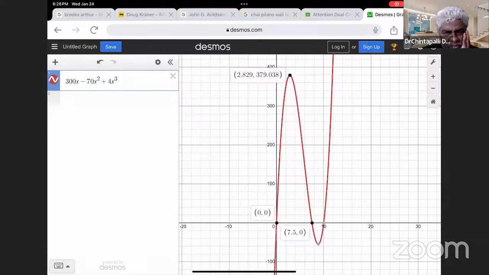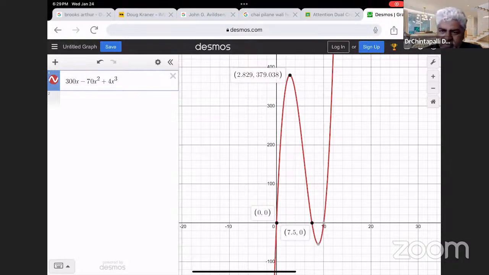See, 0 is there on the x-axis. The highest value, there is a bracket, 2.829 comma 379.038. The second number is the highest value.